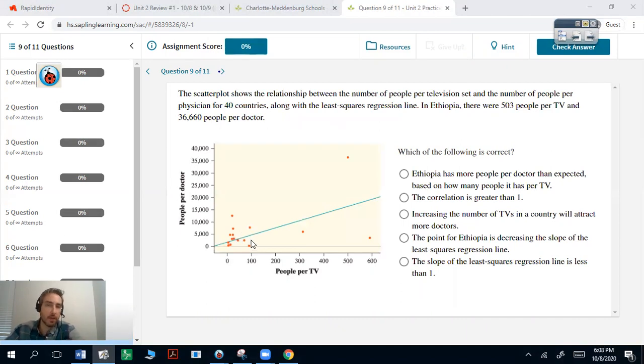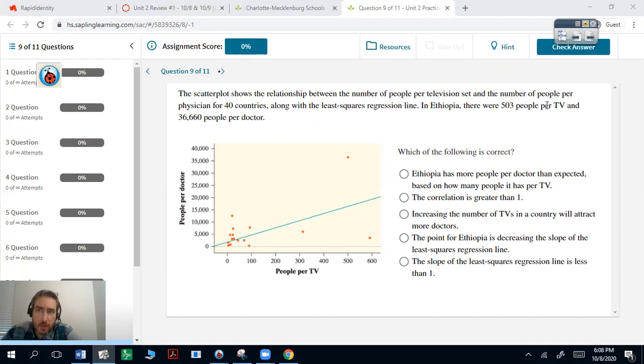Just throwing that out, which means we would expect there to be fewer people per doctor. I don't know if that's true or not, but let's look at what's going on here.